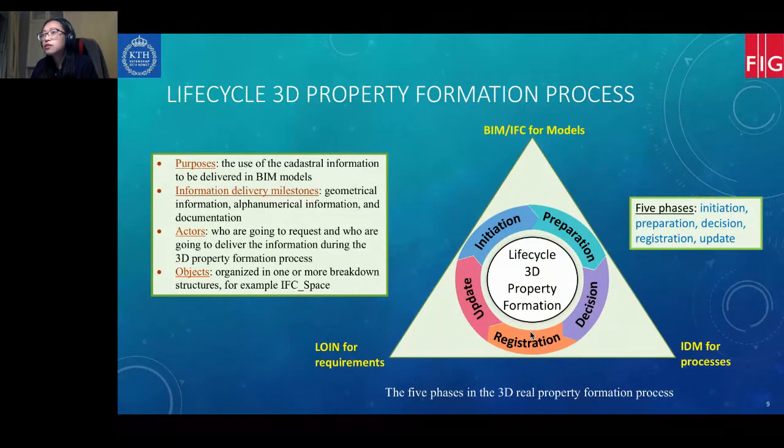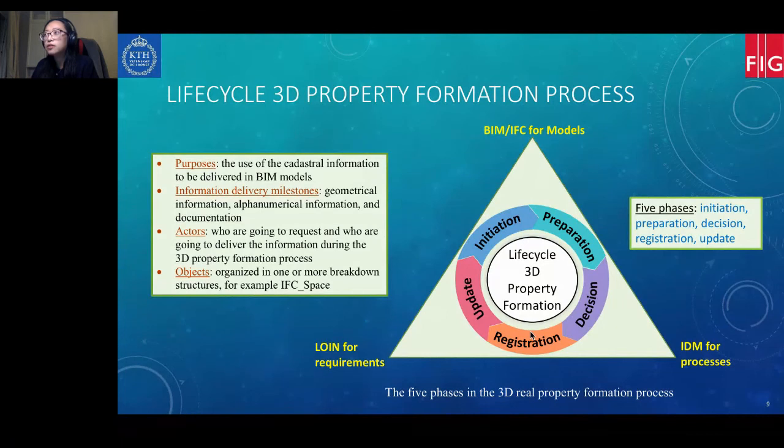And the third one is the actors. So who are going to request and who are going to deliver the information during the 3D property formation process. And the last one is objects, to organize in one or more breakdown structures, for example, like the IFC spaces. So these 4 aspects should be considered.